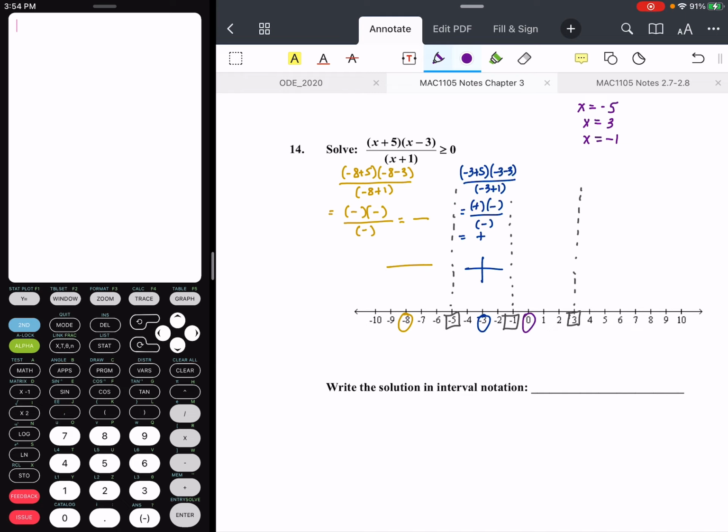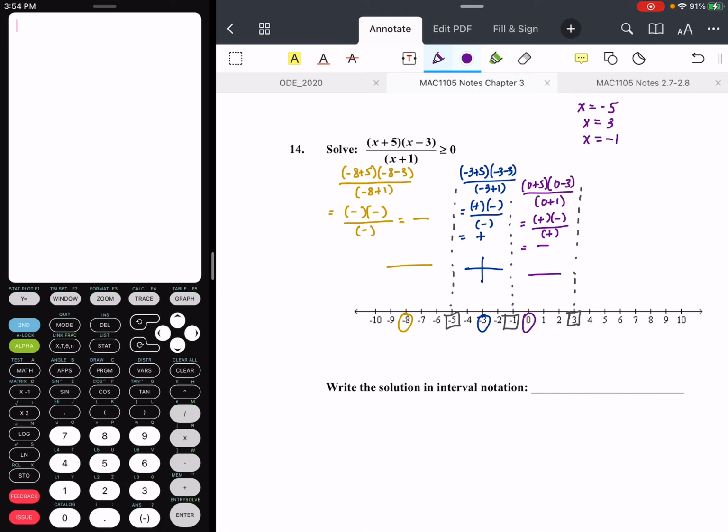I'll pick 0 next because 0 is my MVP. It's usually the easiest one to plug in. So 0 plus 5 times 0 minus 3 over 0 plus 1 gives me a positive times a negative over a positive. Positive times negative divided by a positive gives me a negative overall result.